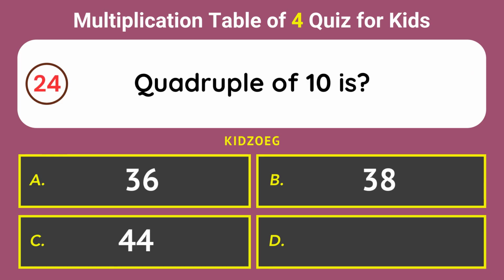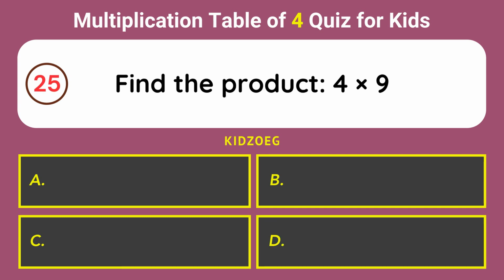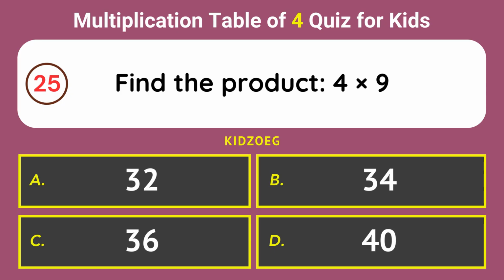Quadruple of 10 is? $40. Find the product. 4 times 9. $36.